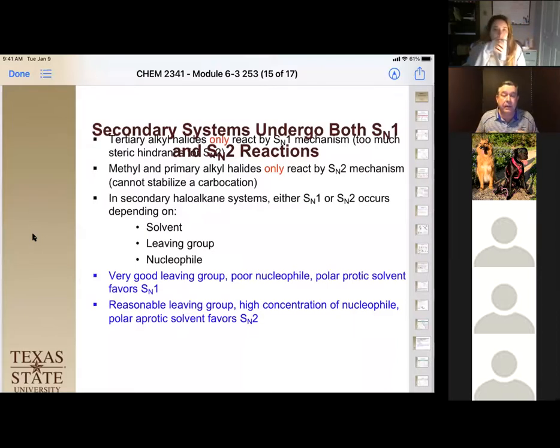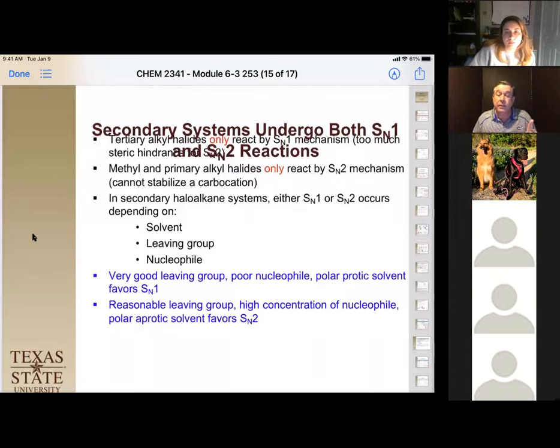The secondary alkyl halides are always a little bit in competition between the SN1 and SN2, but by looking at the solvent, the leaving group, and the nucleophile, you can see which one is going to give you the major product. A very good leaving group, a poor nucleophile, and a polar protic solvent will give you an SN1.